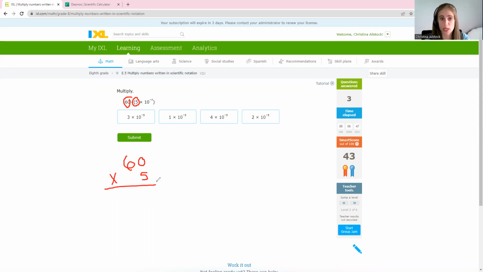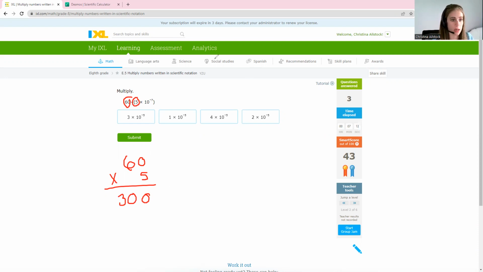Remember, when you set up that multiplication, you always put the number with more digits first, and then the number with less digits at the bottom. And this 5 then gets multiplied to first the 0. So 5 times 0 is 0. And then 5 times 6 is 30, which means 60 times 5 is 300.